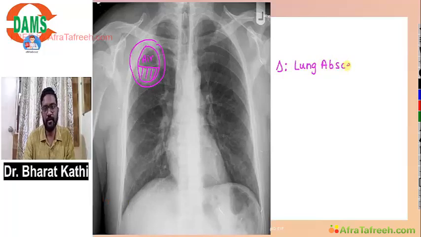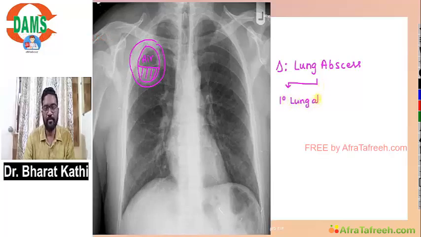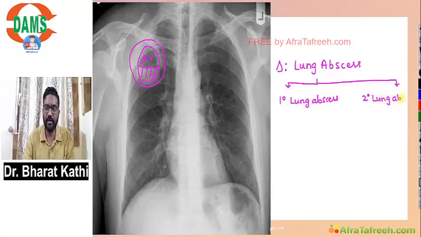So what are the causes of lung abscess? Lung abscess can be divided into primary lung abscess and secondary lung abscess. So what is the cause of primary lung abscess? It is due to aspiration.